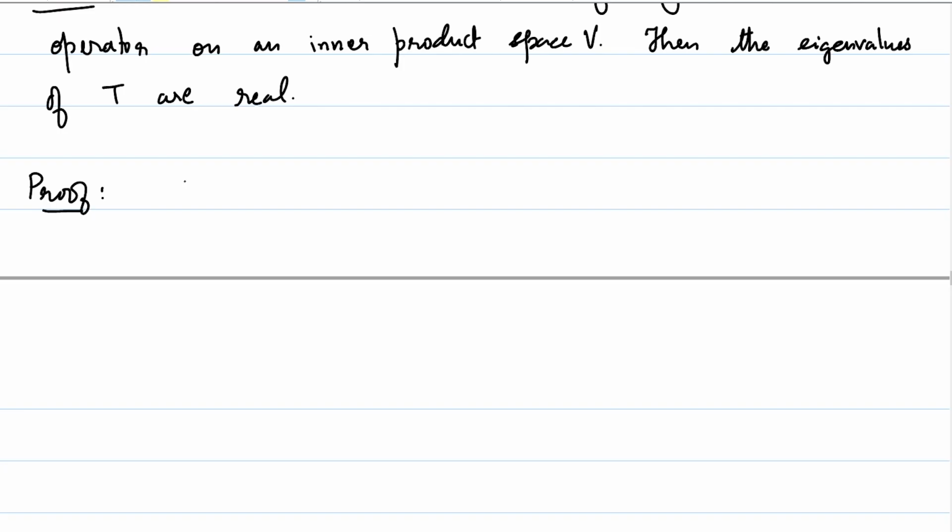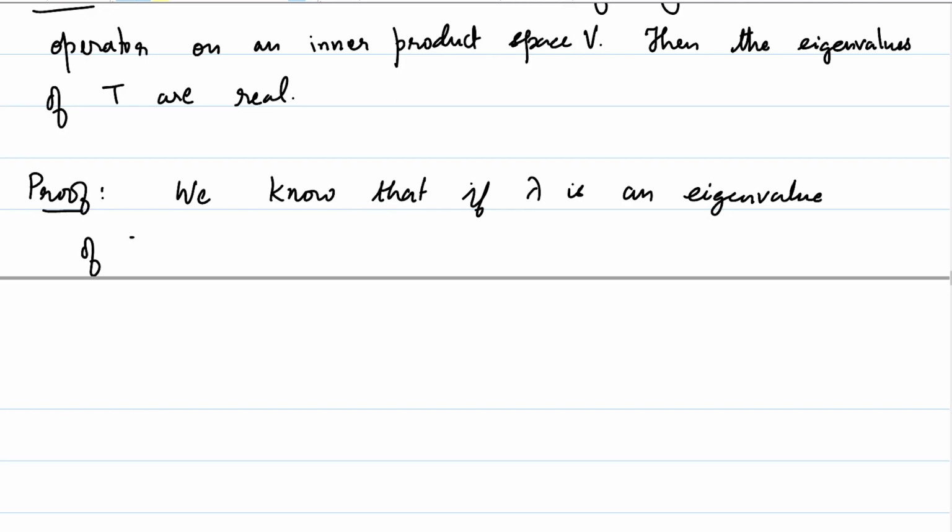So we know that if lambda is an eigenvalue of T, this is true in the case of every linear operator on a finite dimensional inner product space, then lambda bar is an eigenvalue of T star.